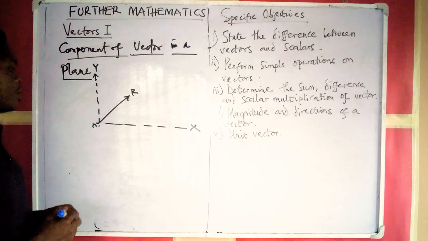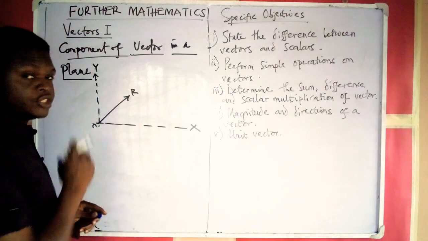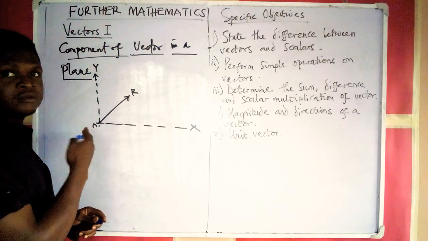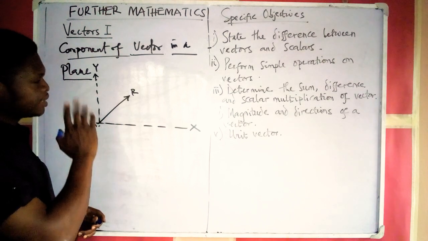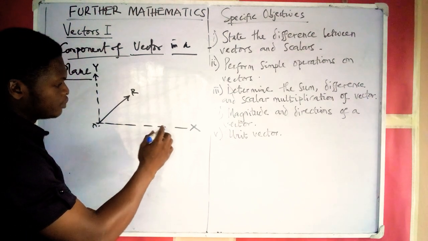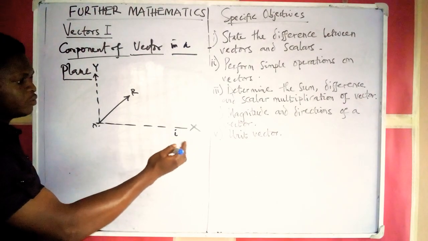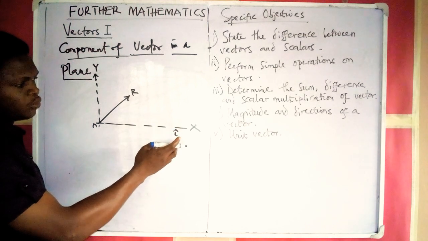Now, assuming we use the letters i and j to represent the directions of these vectors that we're going to have on the x and the y axis. Remember what I told you about i, that i is the unit vector.